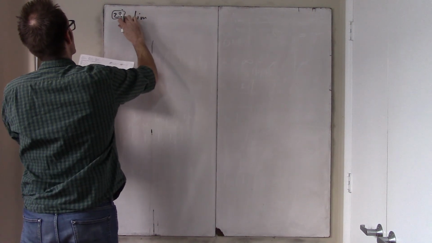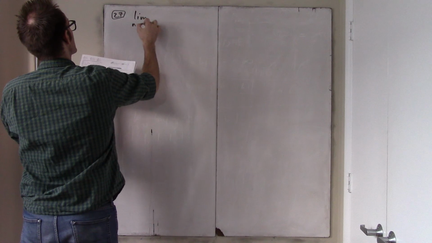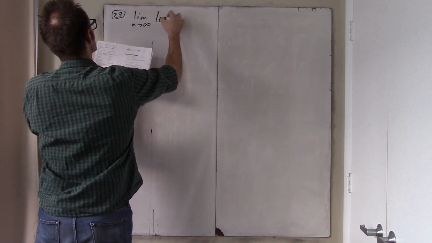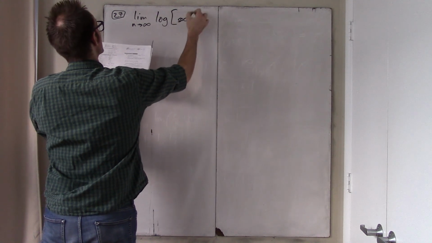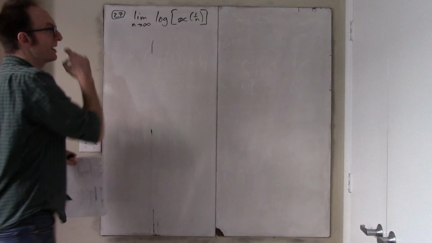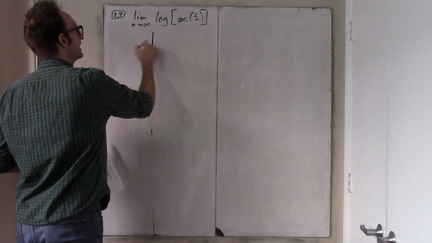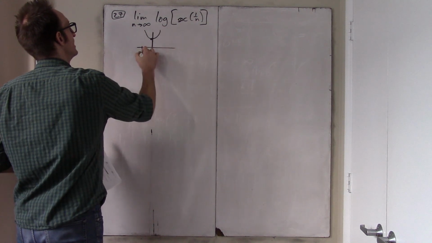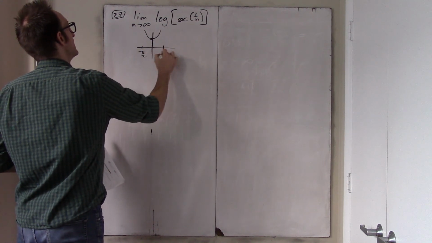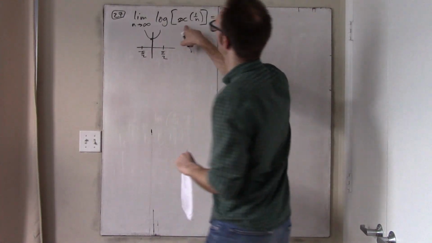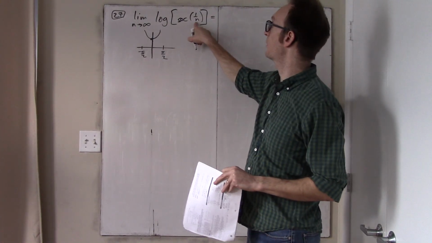So the limit as n goes to infinity of the log of the secant of 1 over n. What is that? Well, secant, we know what secant looks like at 0. It looks like that. So as n goes to infinity, then 1 over n goes to 0.